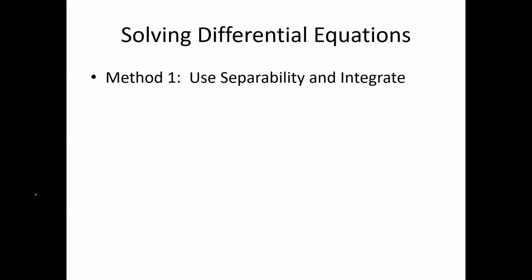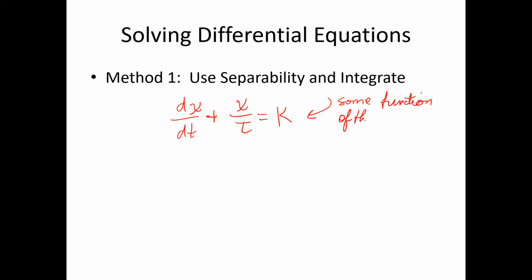And so we're going to use this commonality to represent the differential equation in a more general form. So I'm going to write the general form of the differential equation as dx/dt plus x over tau is equal to k. And so k is going to be some function of the sources. X is either going to be a voltage or a current.